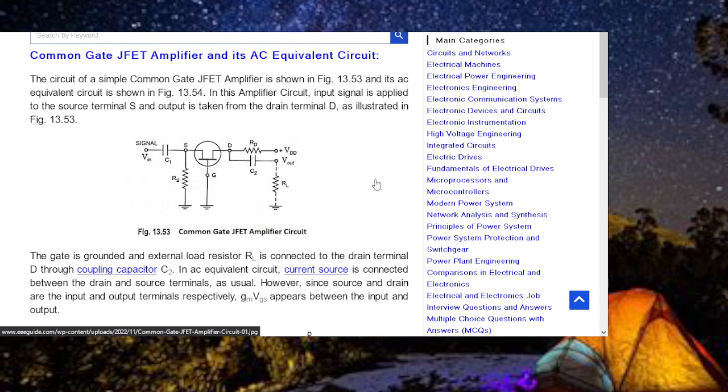In an AC equivalent circuit, a current source is connected between the drain and the source. However, since the drain and the source are input-output terminals respectively, gm-VGS appears between the input and the output.